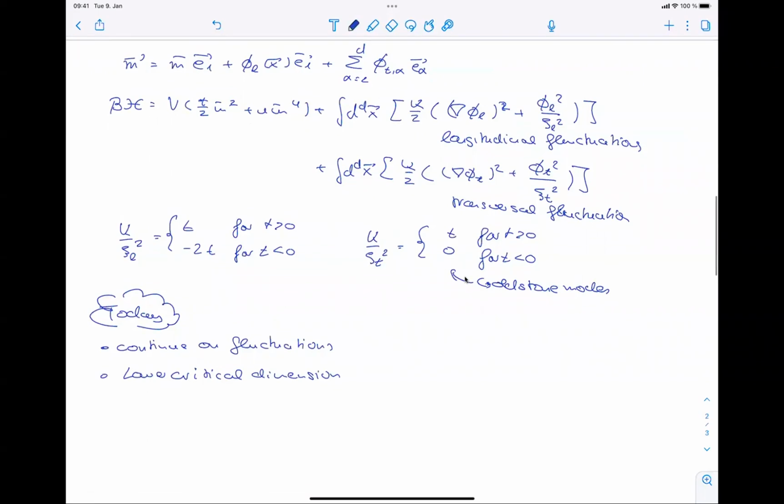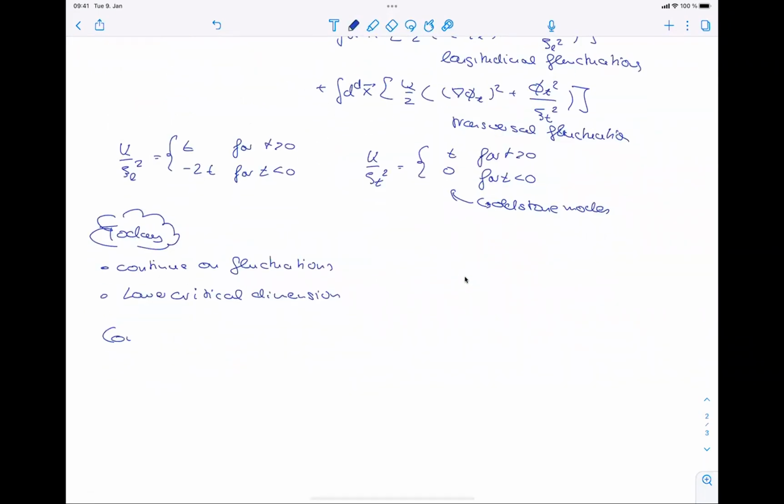Okay, so if we now continue looking at fluctuations around the saddle point.